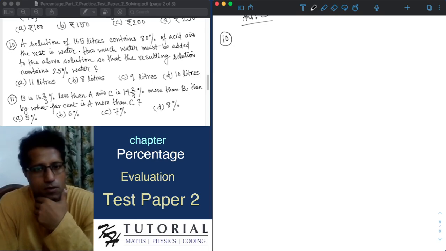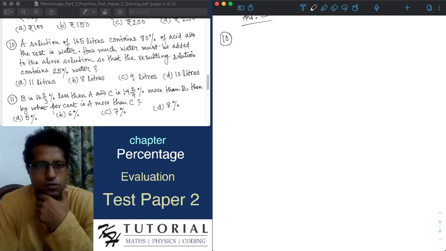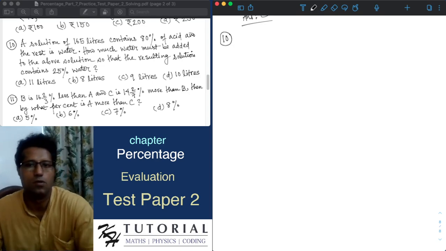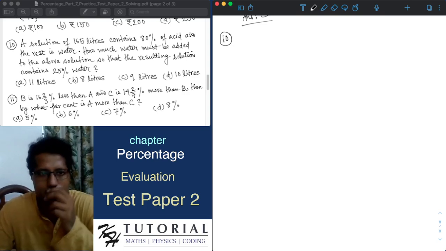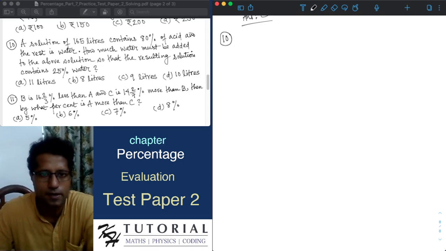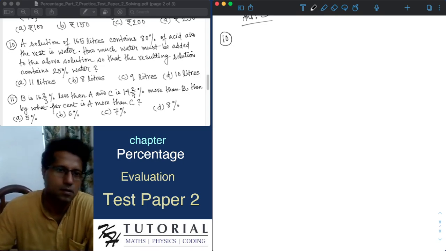Now how much water must be added to the above solution so that the resulting solution contains 25% water?